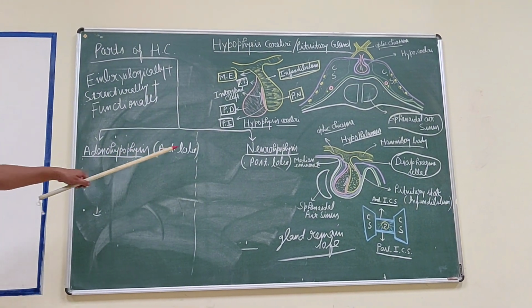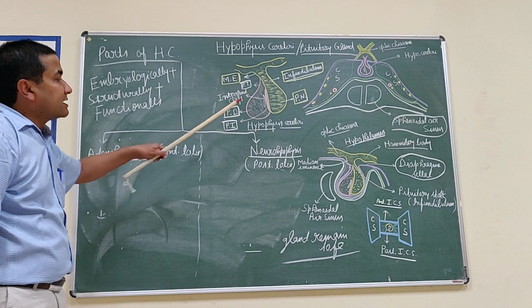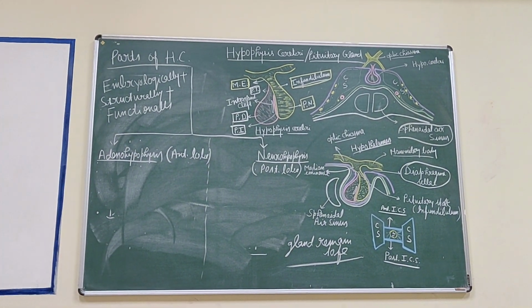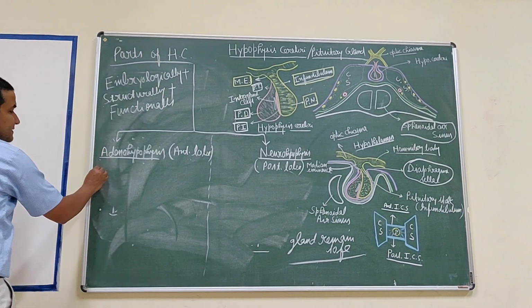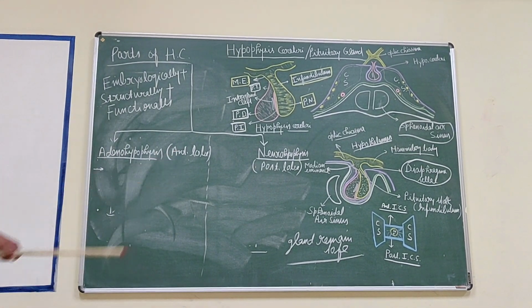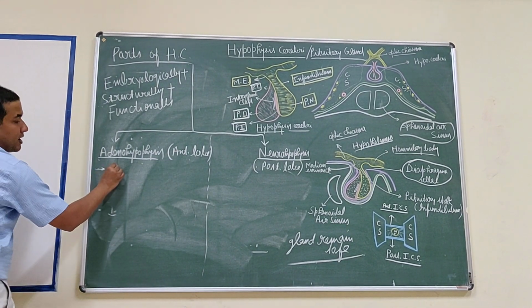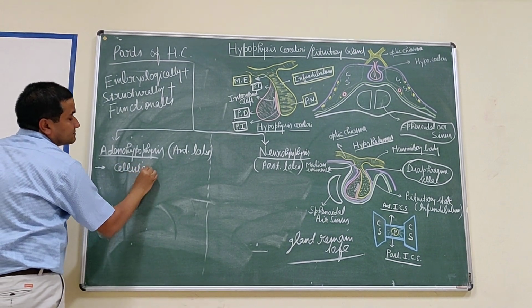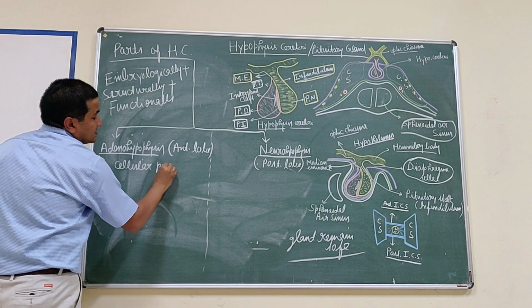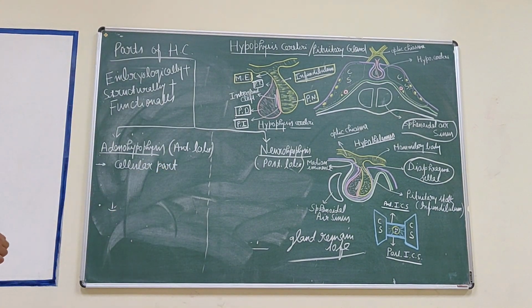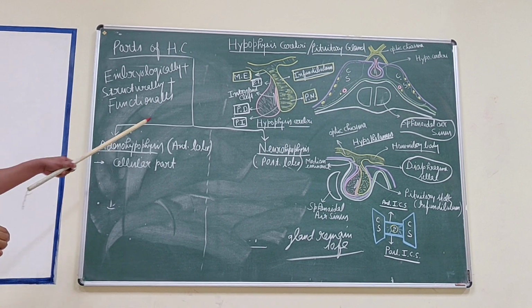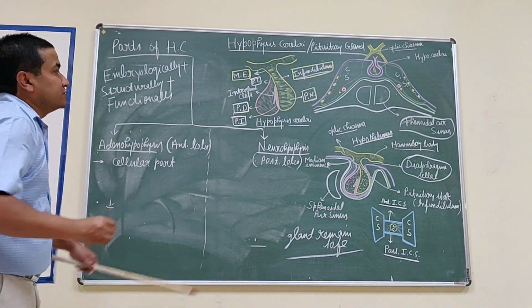Either development or their structures or their functions, both are separate from each other. Now this adenohypophysis or anterior lobe is the cellular part of the pituitary gland, rich in cells. This adenohypophysis has a pouch.